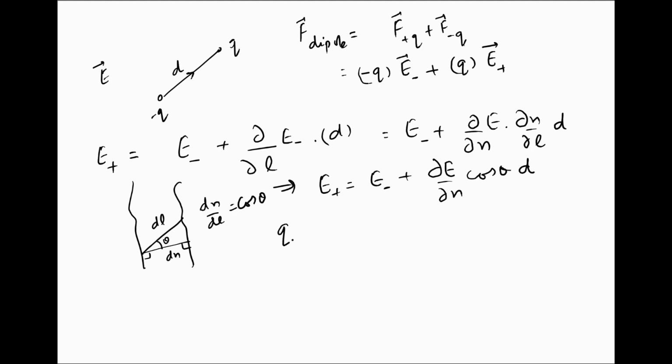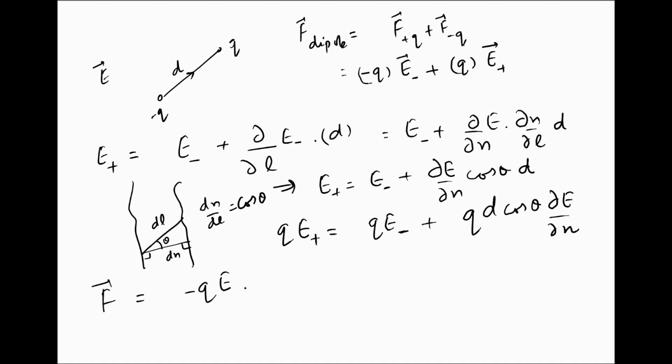So qE plus can be written as qE minus plus q d cos theta ∂E/∂N. So the total force on the dipole is equal to minus qE at minus plus qE at minus plus q d cos theta ∂E/∂N.